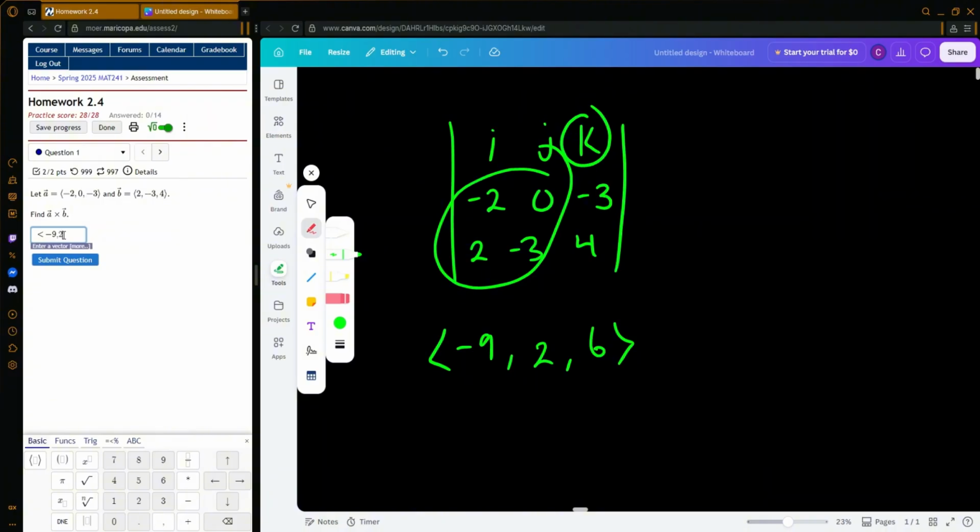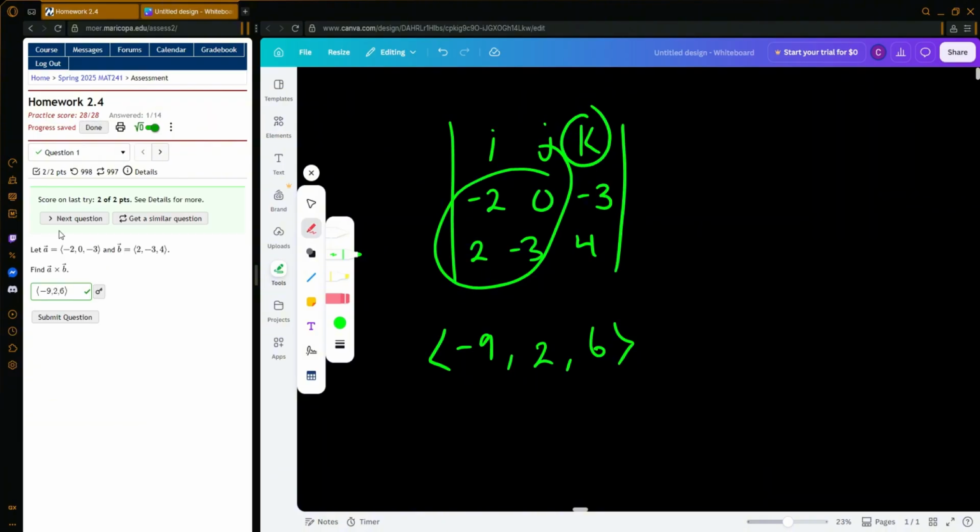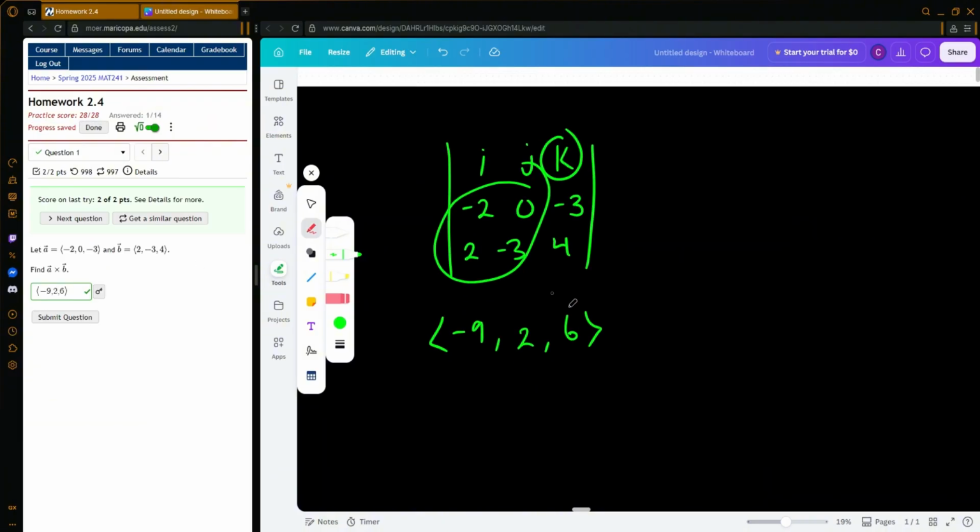So the cross product gives us a vector. Thinking about it graphically, we have these two vectors A and B. The cross product spits out a vector that's exactly 90 degrees from these guys. It goes into like a new plane, a new dimension. It's orthogonal to both of these. So it spits out a new vector.